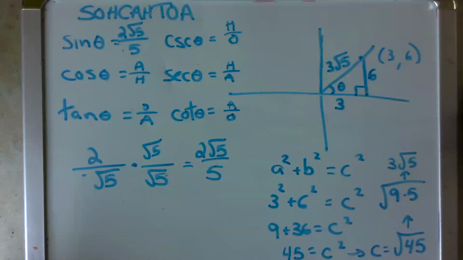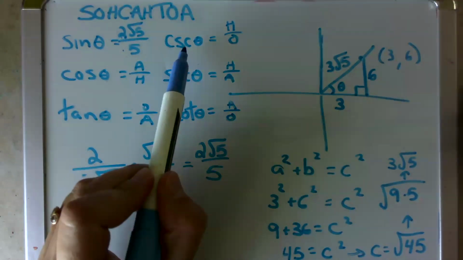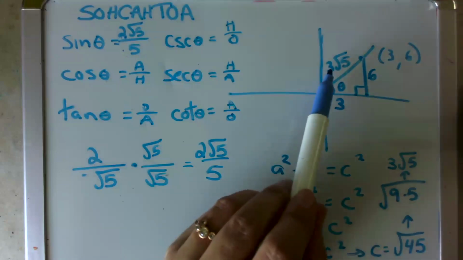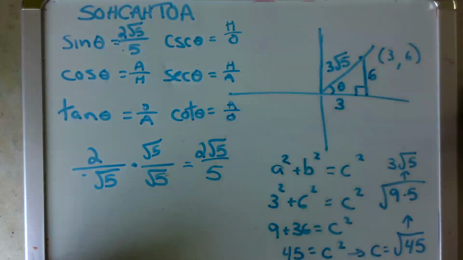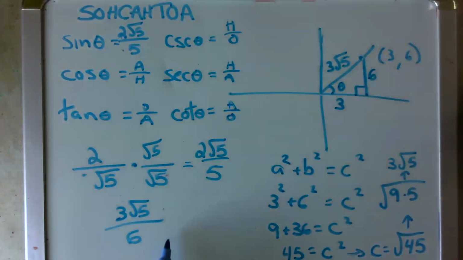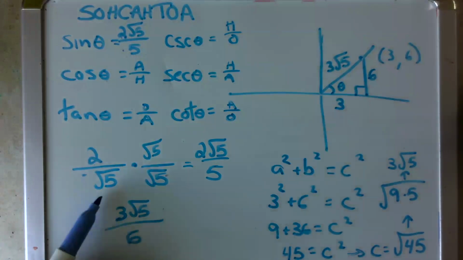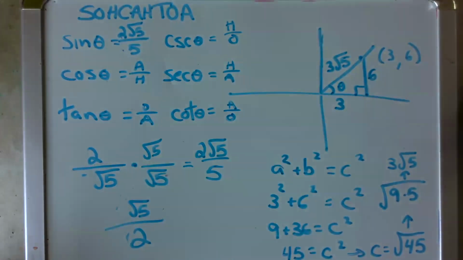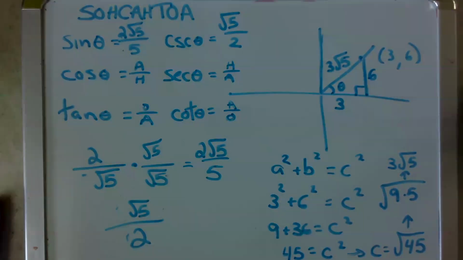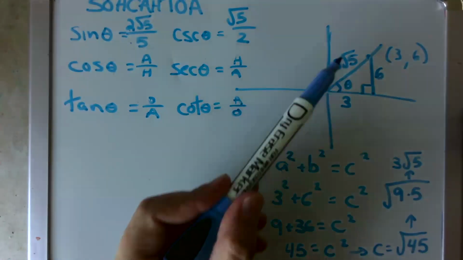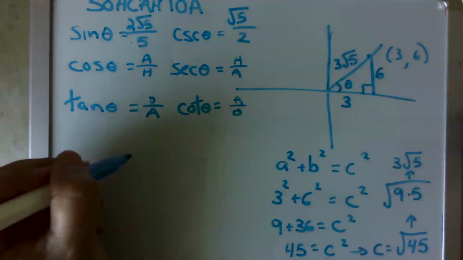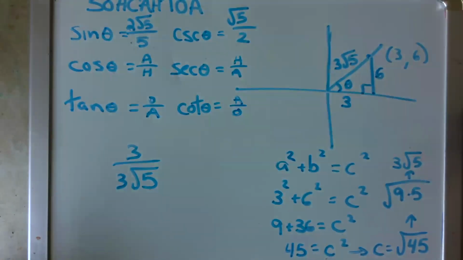Okay, while we're here, let's do our cosecant, which is the hypotenuse over opposite, 3 root 5 over 6. This time, I don't have to rationalize my denominator, but I am going to simplify that. And so my cosecant is root 5 over 2. Okay, let's do it again for our cosine. Adjacent over hypotenuse, 3 over 3 root 5, that's correct.